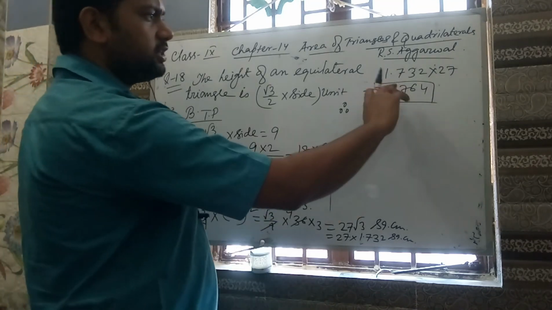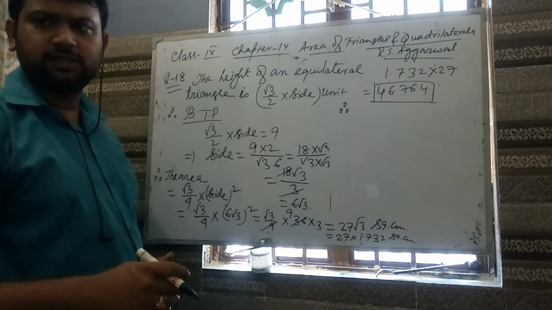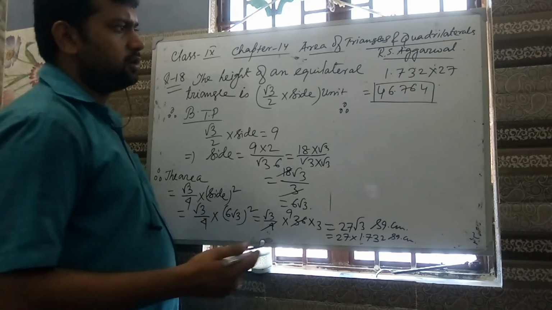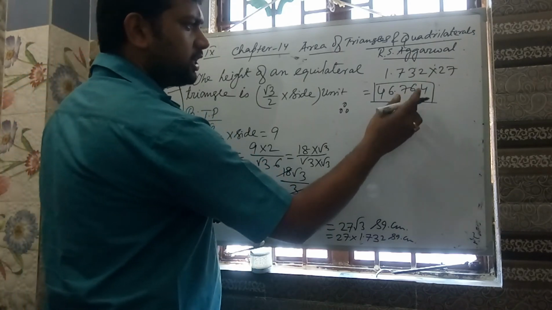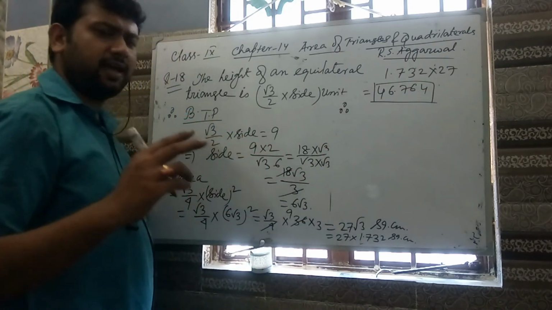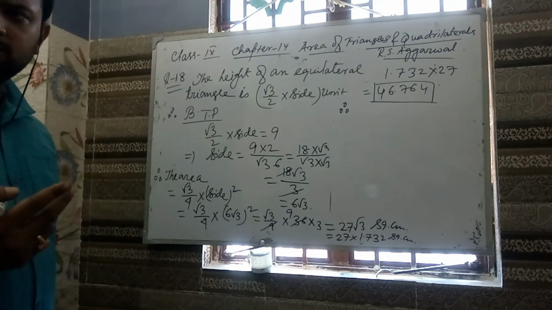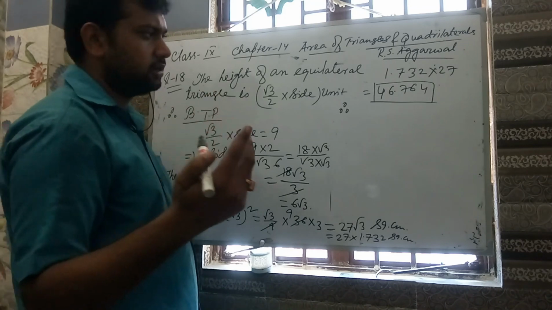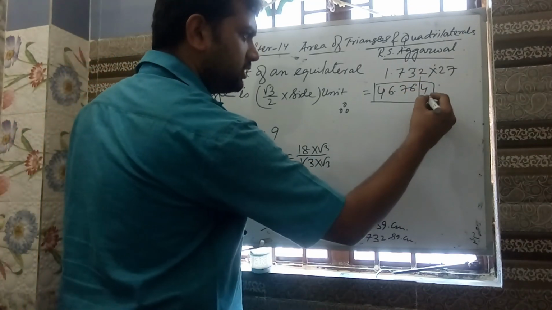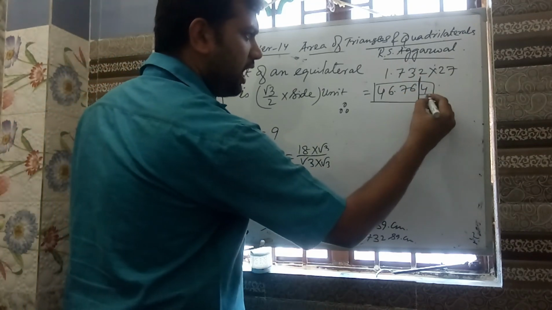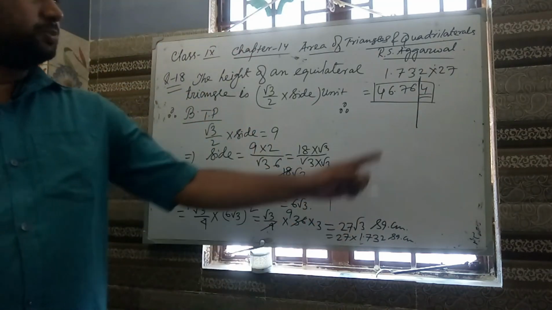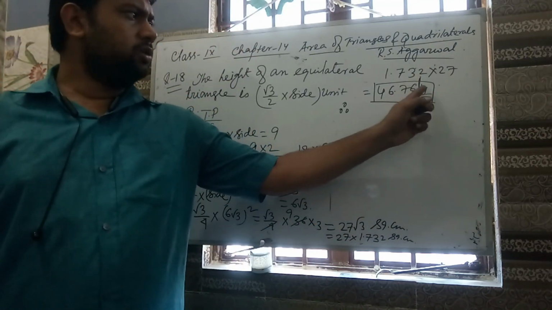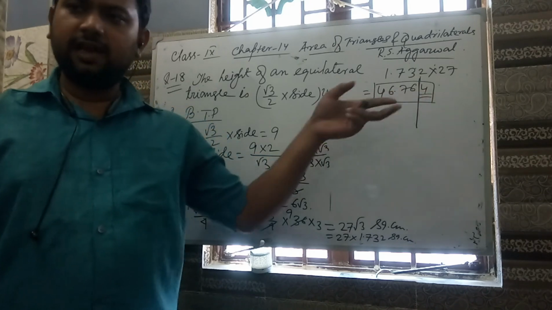We have to convert it into correct up to 2 places of decimal. So there will be only 2 digits after the decimal. So look at the third digit. It is 4. Now 4 is less than 5.